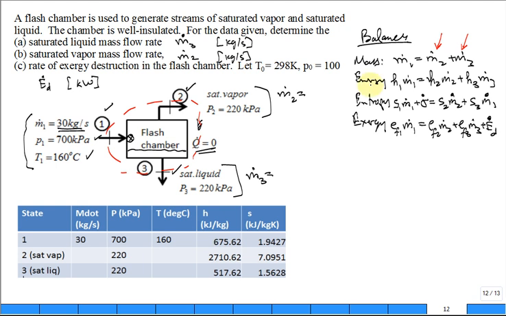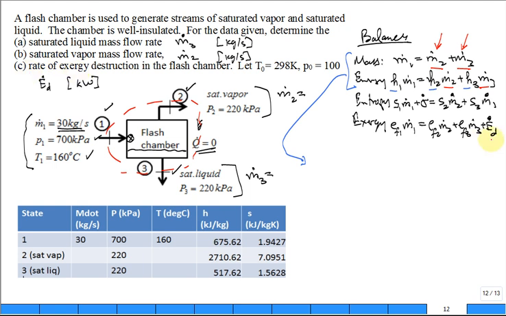Now, I would take the first 2 of these equations and combine them because I know all the H's and I just have 2 unknowns, M dot 2 and M dot 3, in 2 equations. I think the algebra you can work through. All right, you could solve that. Then the next one would be, what is the rate of exergy destruction?